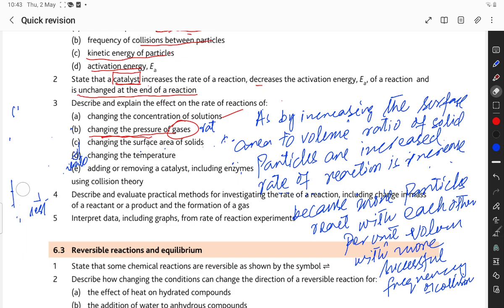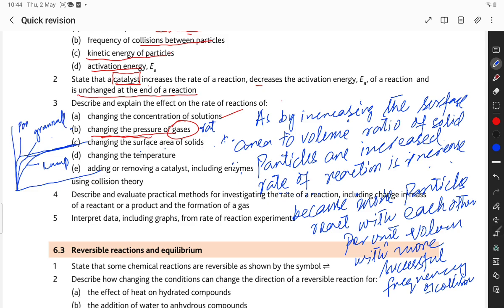And if you identify the rate of reaction with a graph like this, this is lump, this is granule, and this is for powder.